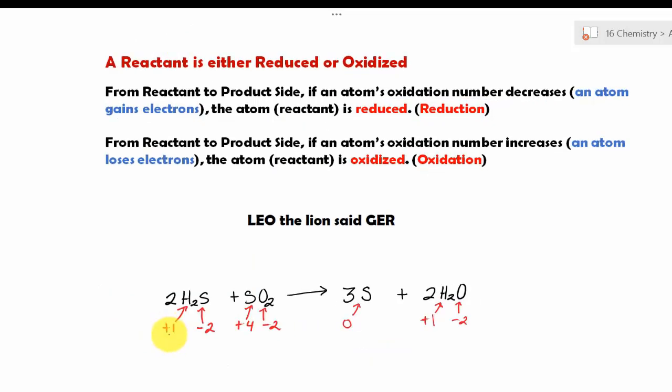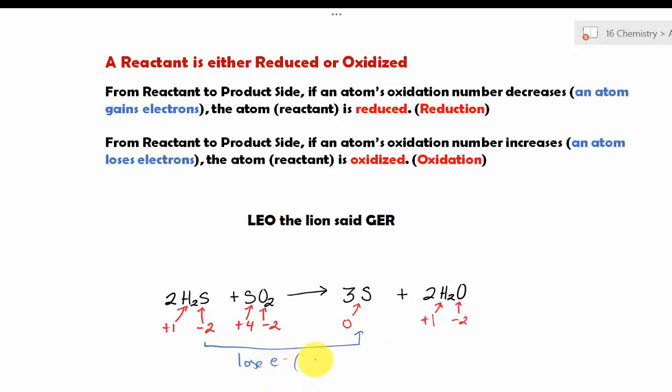In this case, we have hydrogen starting from +1 and ending with +1, so there are no changes. For sulfur, we have 2 sulfurs in 2 different places on the reactant side, but they each belong to a specific reactant. This sulfur belongs to this reactant, and it goes from -2 all the way to 0. It is becoming more positive, and the only way that's possible is by losing electrons.